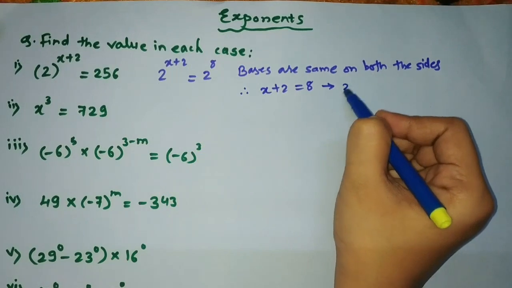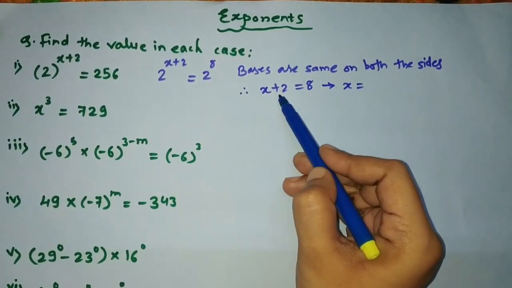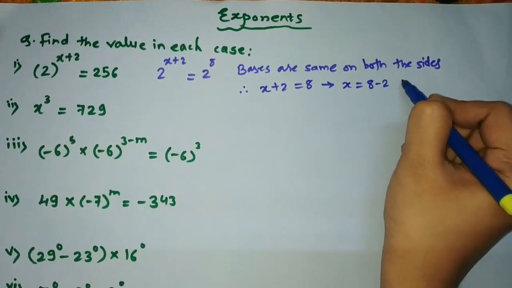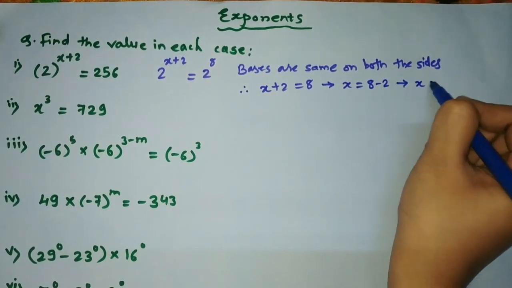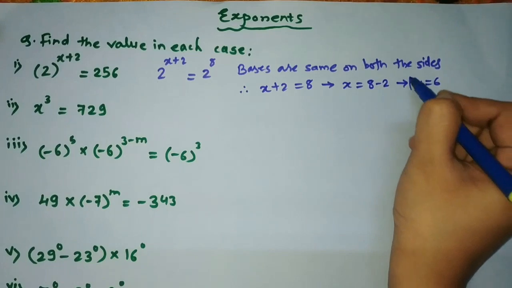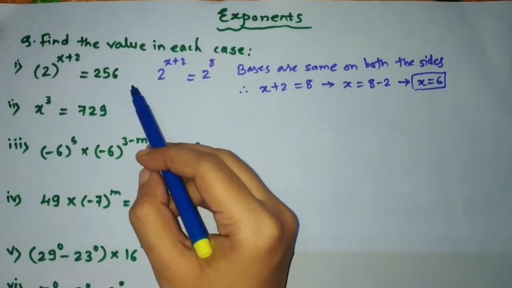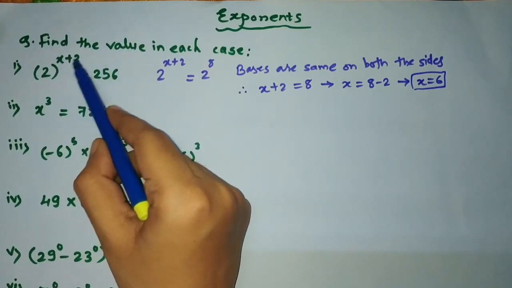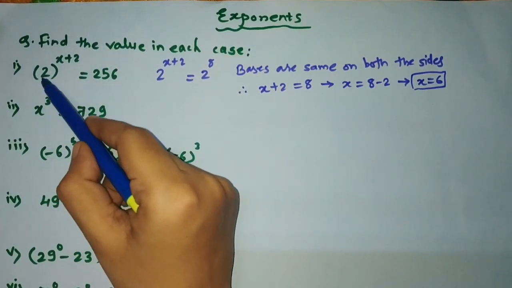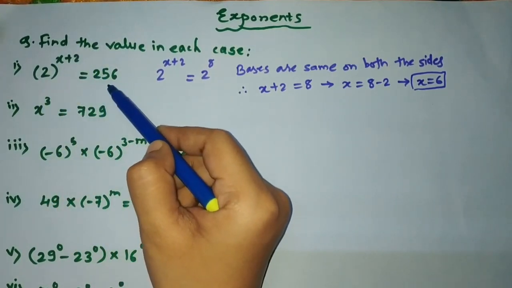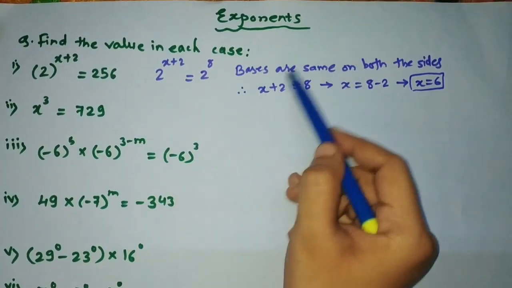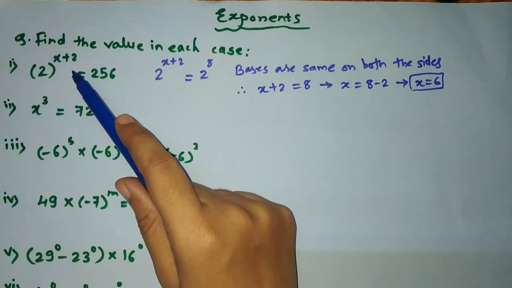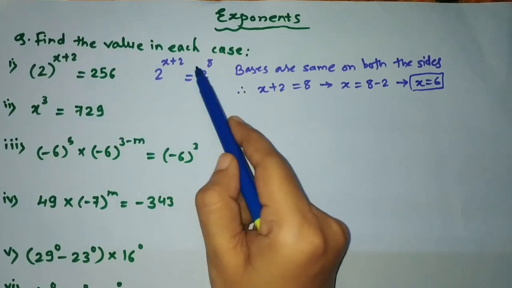The plus 2 goes to the RHS and becomes minus 2, and I get x is equal to 6. So the value of x is 6. 6 plus 2 is 8, and 2 to the power 8 is 256.